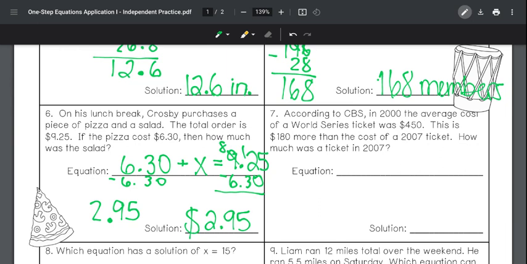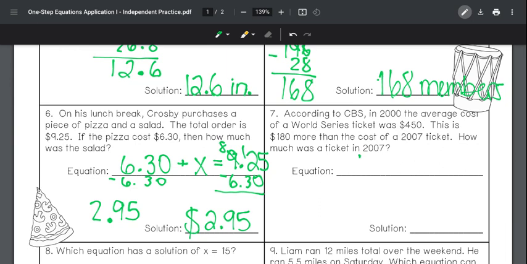All right, number 7. According to CBS, in 2000, the average cost of a World Series ticket was $450. This is $180 more than the cost of a 2007 ticket. How much was a ticket in 2007? Okay, so we're looking to find out how much that ticket cost in 2007.